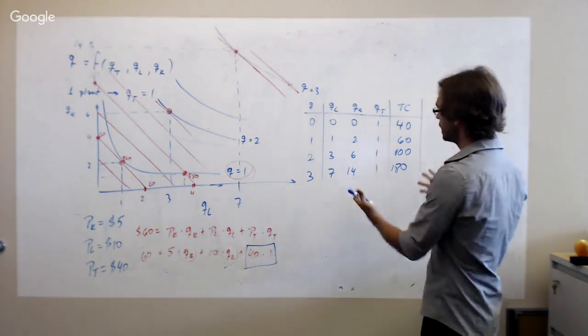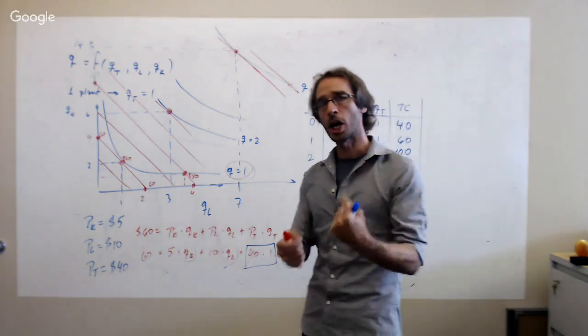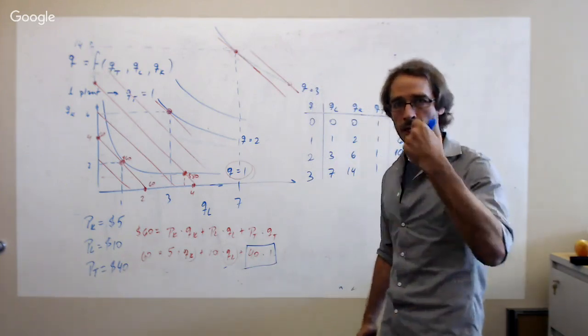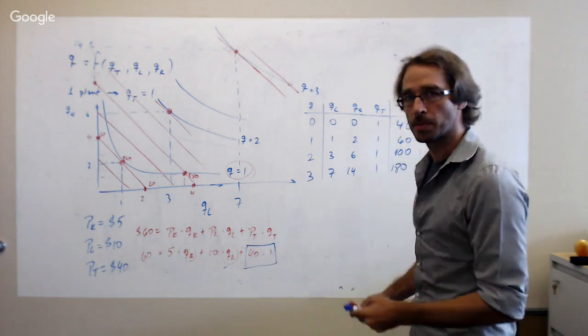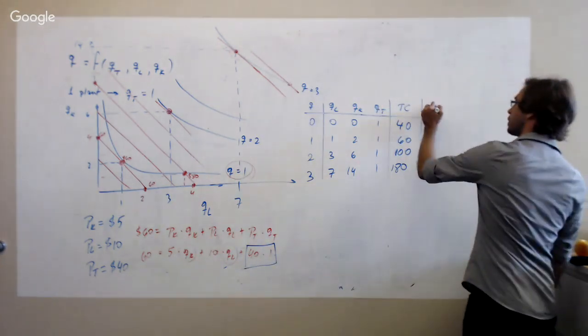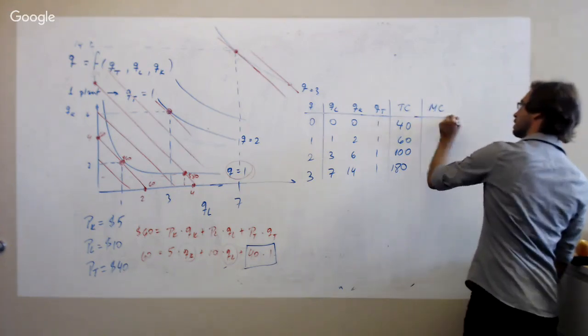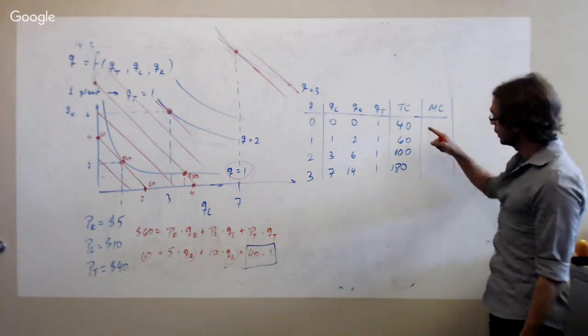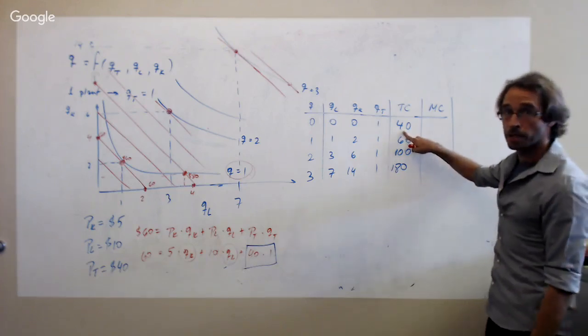Okay, so now we have a little table and we can start thinking about, well, what is the cost of producing 1 washing machine? What is the cost of producing the 2nd washing machine? What is the cost of producing the 3rd washing machine? Well, that is what we call the marginal cost. And notice that you're gonna pay 40 regardless.